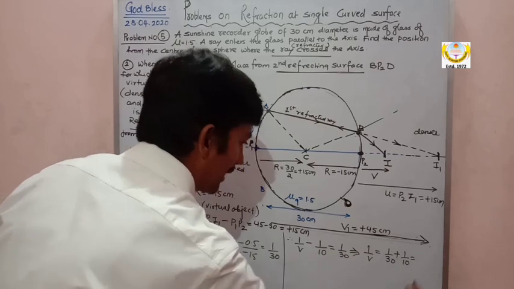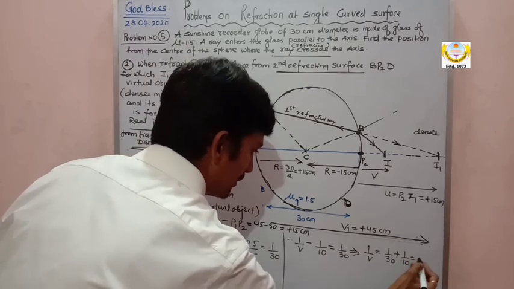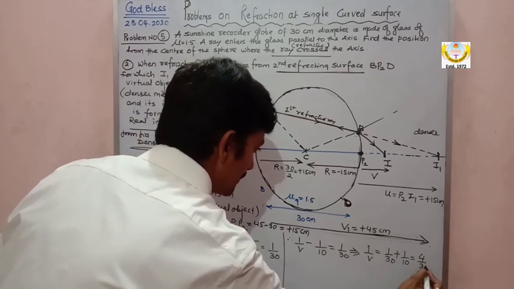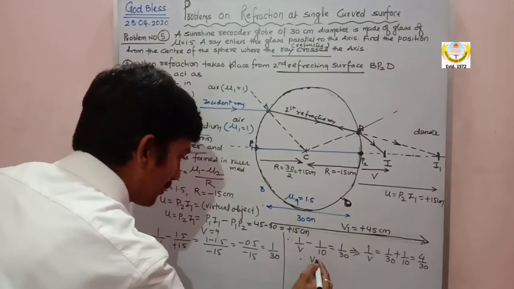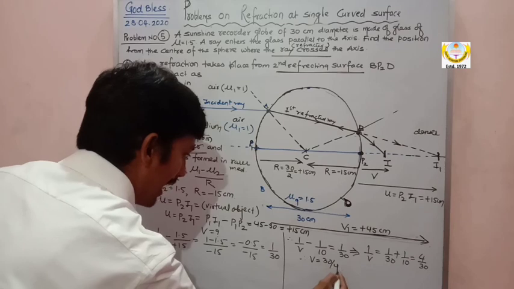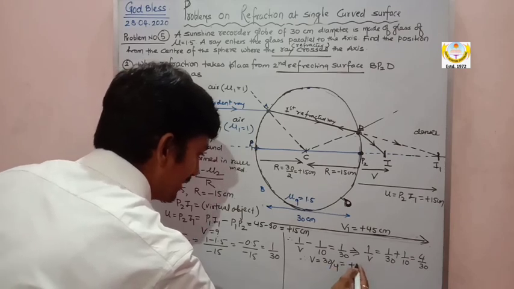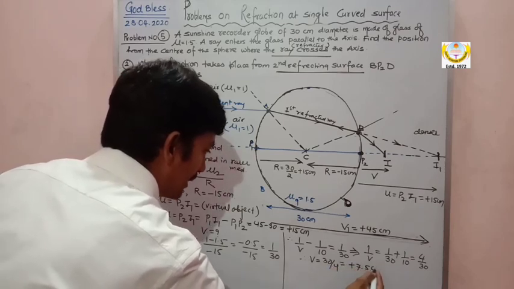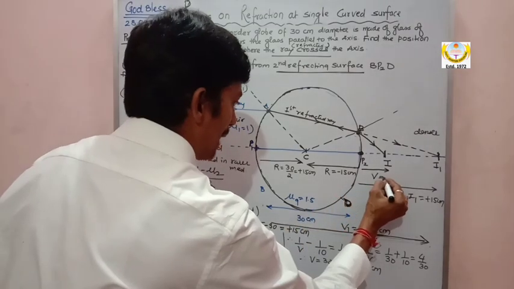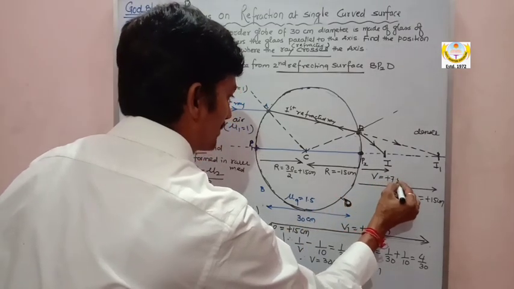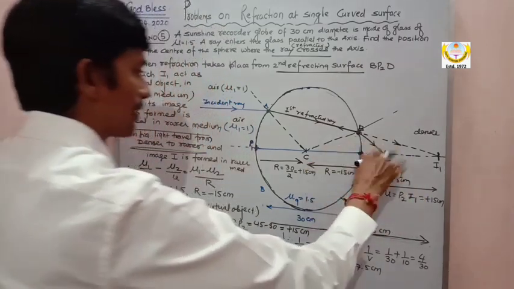Answer will be 4 by 30, I hope. Therefore V is equal to 30 by 4, that is plus 7.5 centimeter. So here, my dear, the value of V I am getting is plus 7.5 centimeter after calculation.